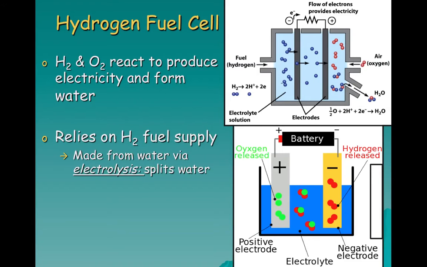We make a hydrogen supply through electrolysis, which is the name of the process that splits water. So it's kind of funny because in order to create a hydrogen supply, we split water and then we use that hydrogen to make water. So it's kind of a cyclical thing.